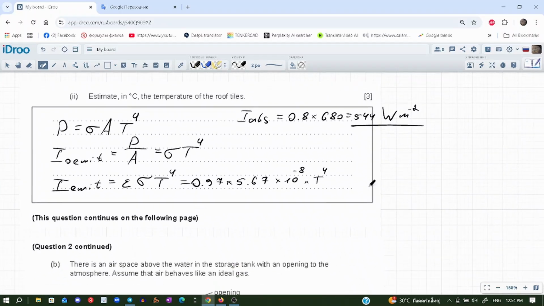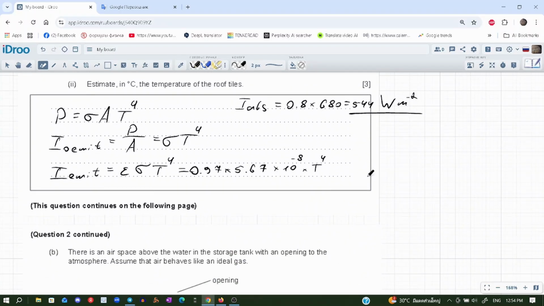But what is the trick here? The trick is that if we have some constant temperature there, it means that the emitted intensity and absorbed intensity have to be the same. We have to have thermal equilibrium.